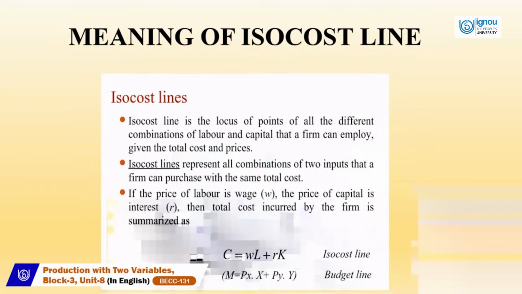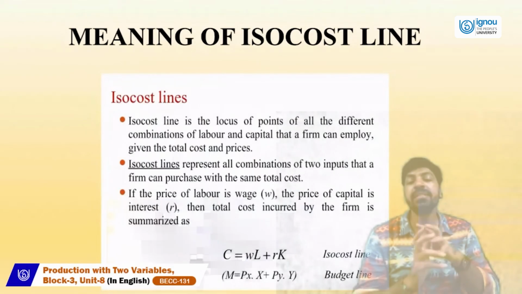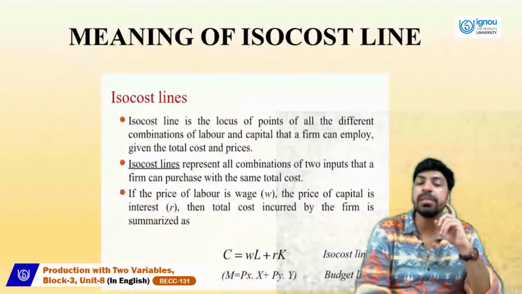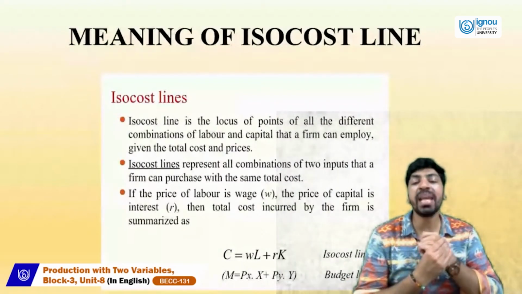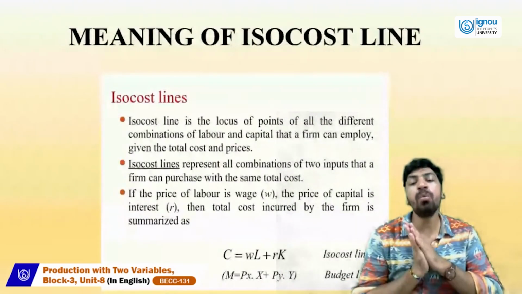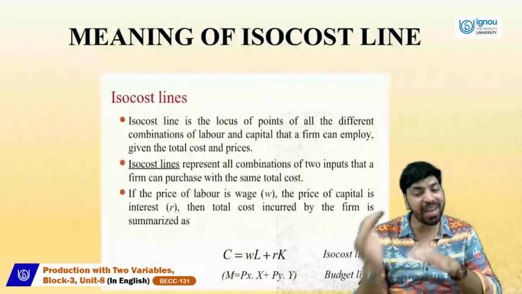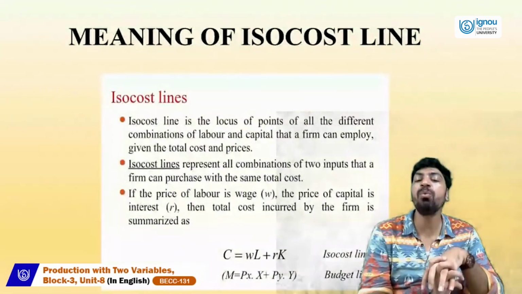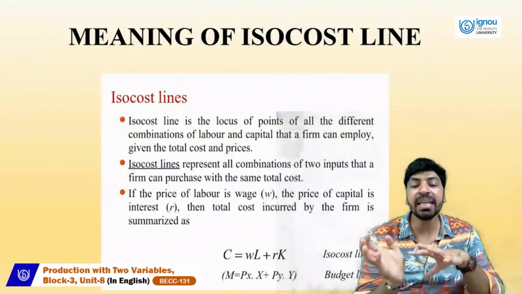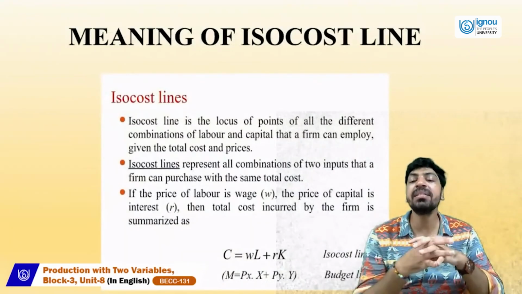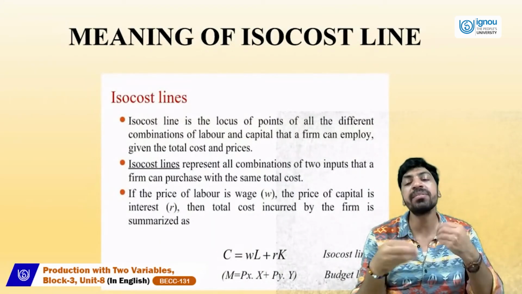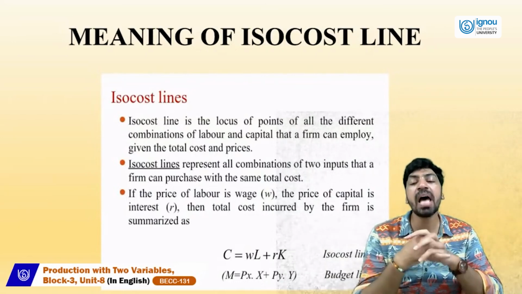The equation of the isocost line is C, which stands for cost, equal to WL, the price of labor, which is wages, plus RK, the price of capital, where R refers to interest.